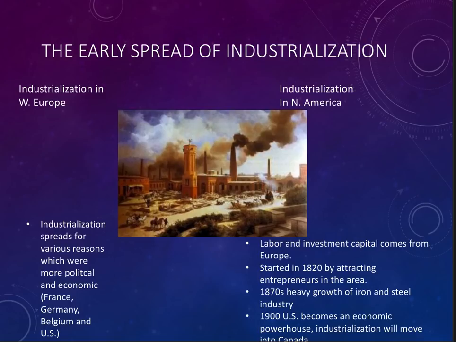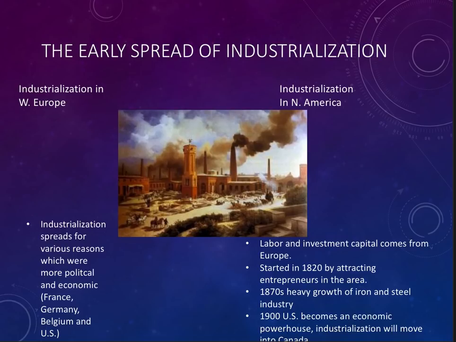In the 1870s, you're going to see a heavy growth of the iron and steel industry, for the same reasons you saw it in Europe: the factory machinery, building the factories themselves, and transportation, the steel that's used for the steamboats, the railroads, the railroad tracks, the trains themselves.